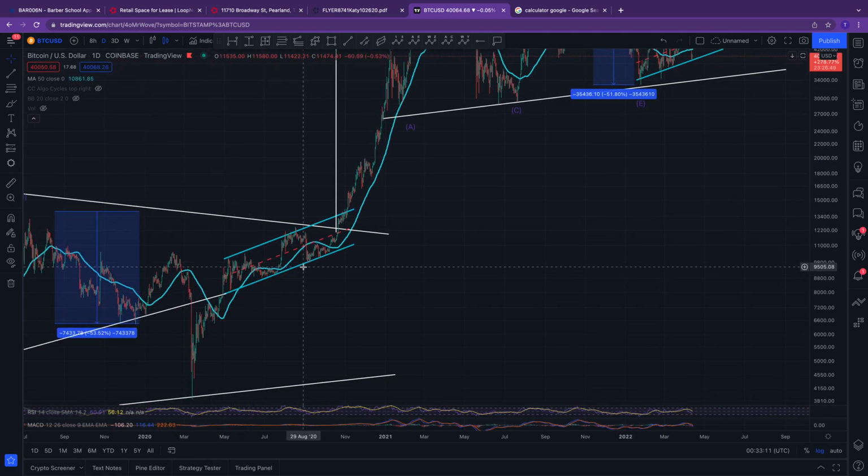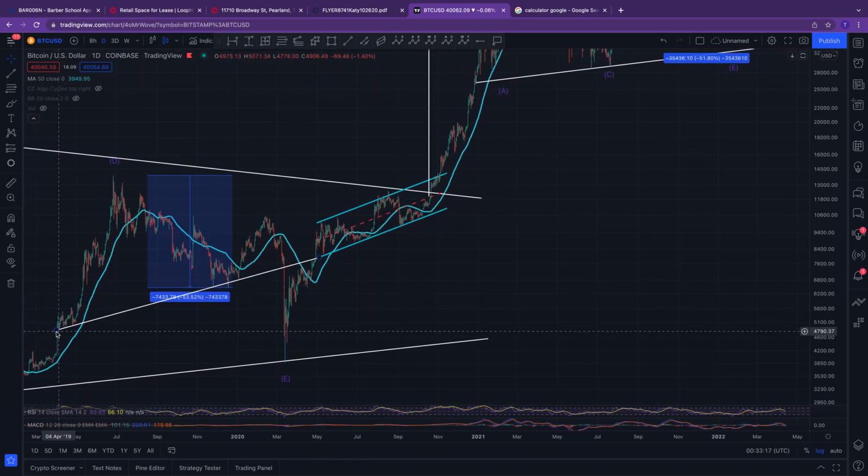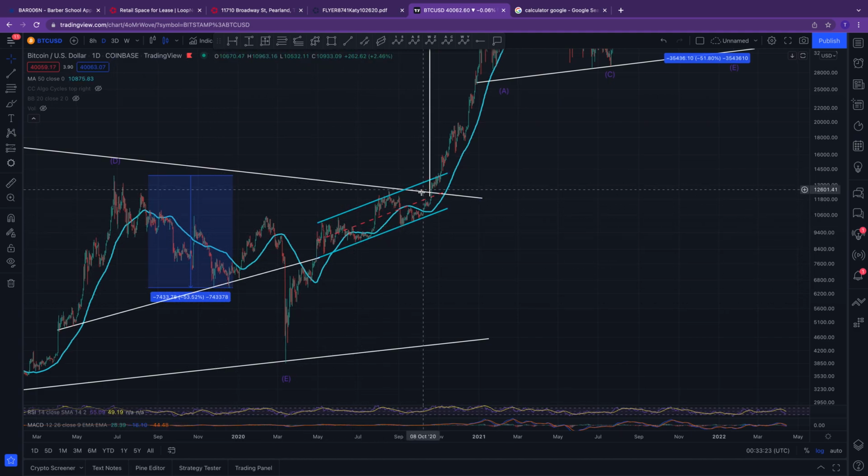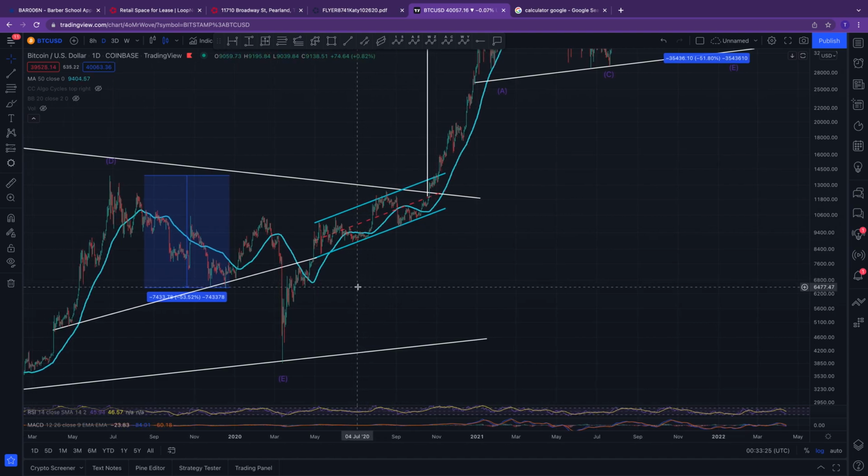Because if you take this channel and keep it going to where it was previously, you see the correlation between points. So here, touch point here, and it continued on to this triangle or this channel before it broke out. Interestingly enough, it had the deviation but ended up in this triangle, and it played around with this 50-day moving average, and we'll focus on that here in a sec.